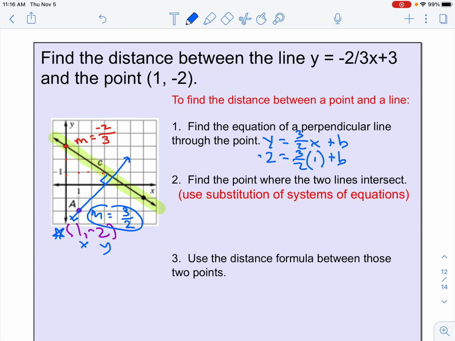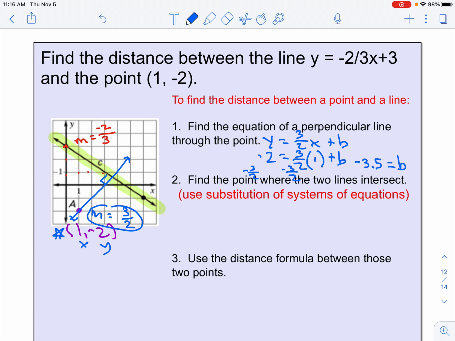So 3/2 times 1 is just 3/2. So now I am going to subtract 3/2 from each side. And when I subtract 3/2, I'm going to get -3.5. So I could use that. I'm going to go ahead and use the decimal. So my b value is equal to -7/2 or -3.5.